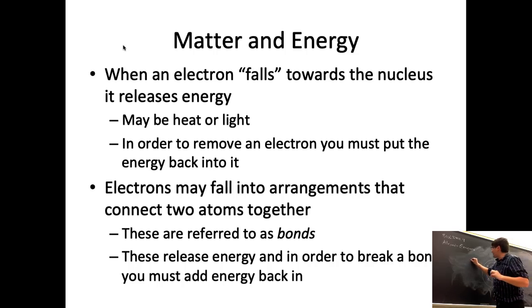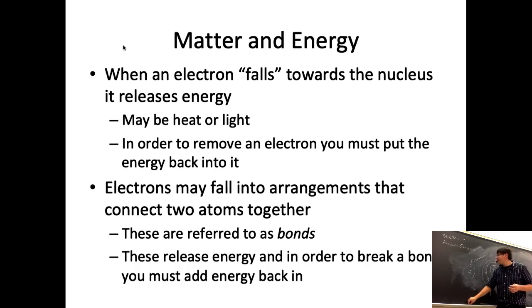I can take an electron and a proton, and I told you they're attracted to each other, right? We already understood that: opposites attract, chemistry, that whole thing. But when the electron moves towards the proton, it releases energy. So as it goes into its orbit, it releases some kind of energy.